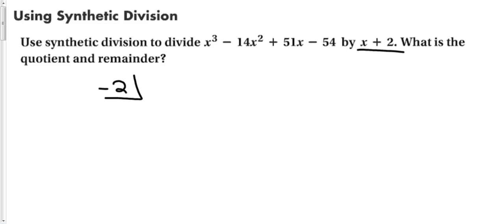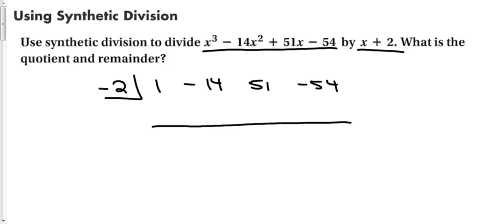We're going to use the opposite, and we're going to put it in this little separator. Then we're going to take a look at my polynomial, and we are going to take only the coefficients. 1, -14, 51, and -54. Going to put a line, and now we have our problem set up.